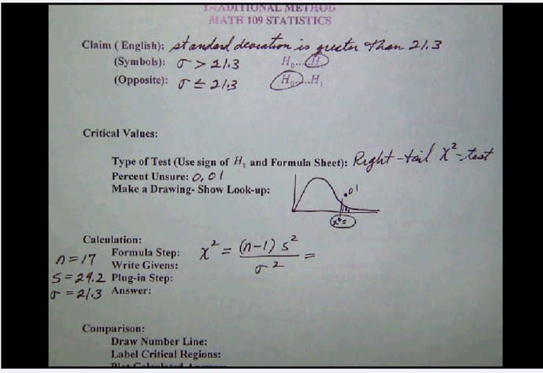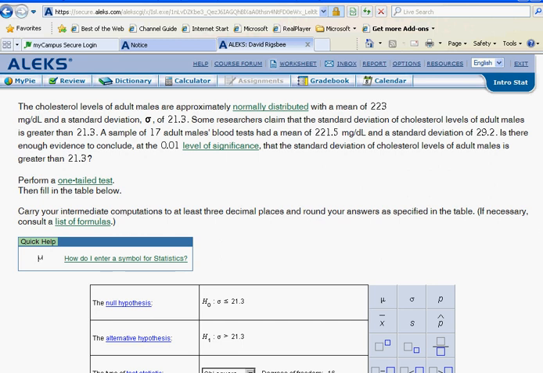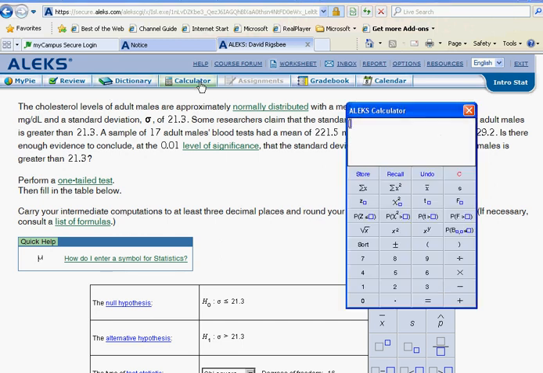So we can simply go up here, hit our calculator button, and go to the chi-square button. We're going to enter this 0.01, which is to the right. Now, notice that the chi-square distribution is a degrees of freedom distribution. Since we have a sample size of 17 males, we're going to have 16 degrees of freedom.